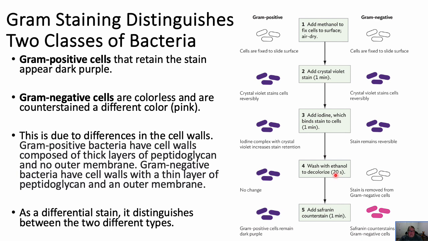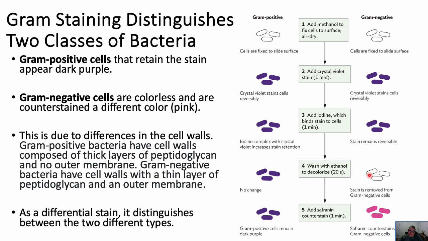Okay, so the decolorization step, the ethanol step, its whole job is to remove stain that's not fixed into the peptidoglycan layer. Okay, so with the gram positives, we're still going to be purple, right? We had the crystal violet complex with the iodine in this third step, and it's stuck in that peptidoglycan layer, so we can't wash it away with the ethanol.